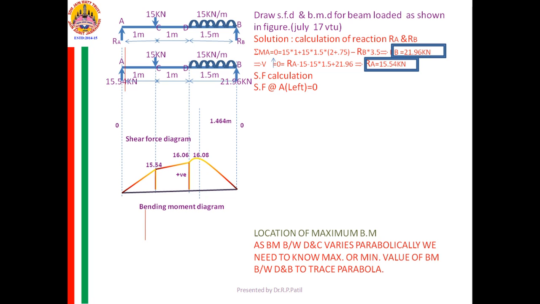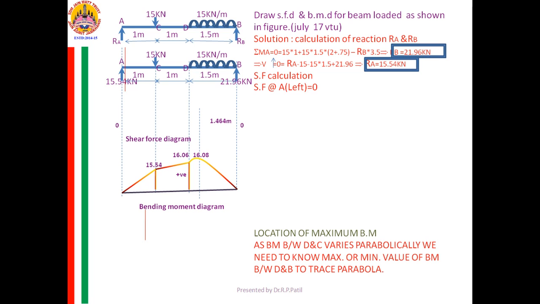Where you are doing that is only you need to mention. I want the SF at right of A, but calculation is done by considering the left part. Are you getting what is meant by considering left part or right part, and left of and right of? Left of, right of, when I say, it says where I want the SF.